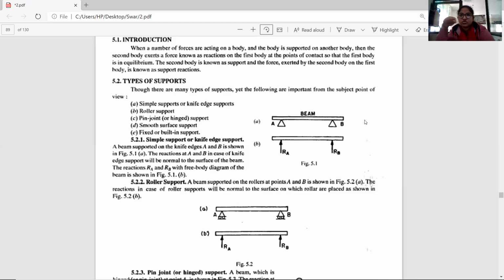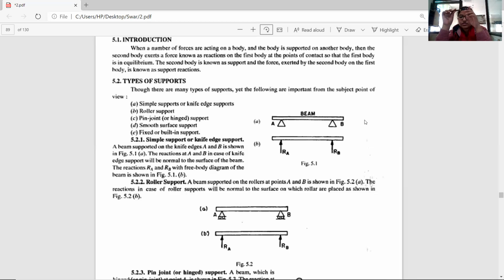Okay, what is a beam? In a structure, suppose in a house or any building, there is a beam in our room. For supporting this beam we have columns.